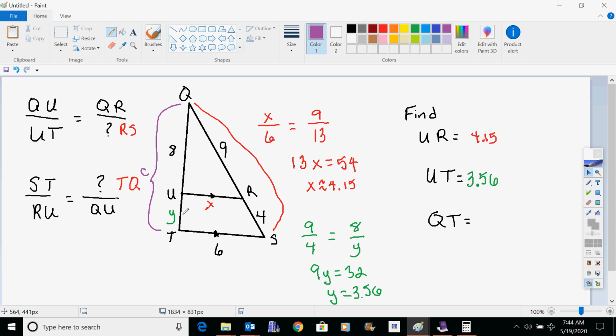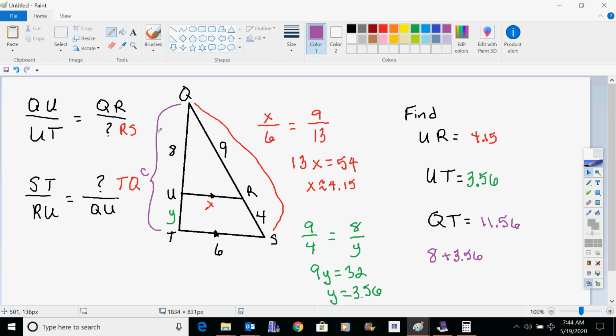That's helpful. So I could simply, if I wanted to, take 8 plus y, and that would be 11.56. Okay, so don't forget that you can do stuff like that.